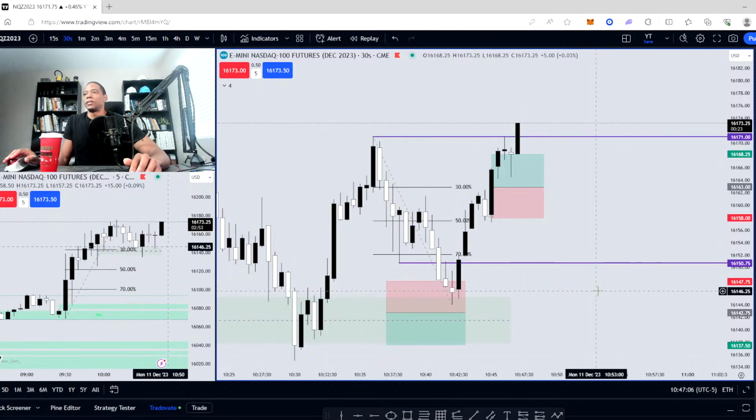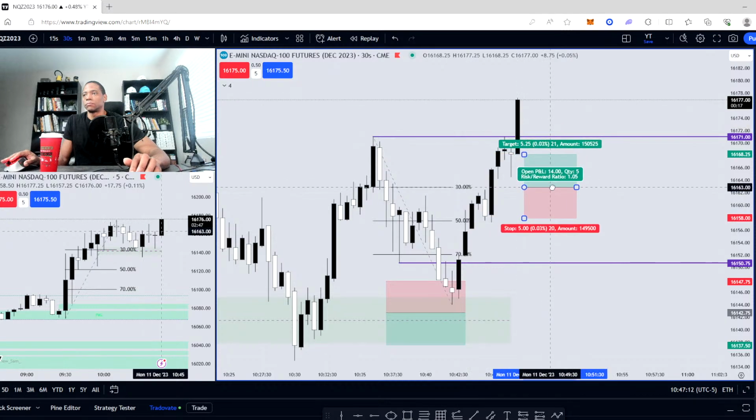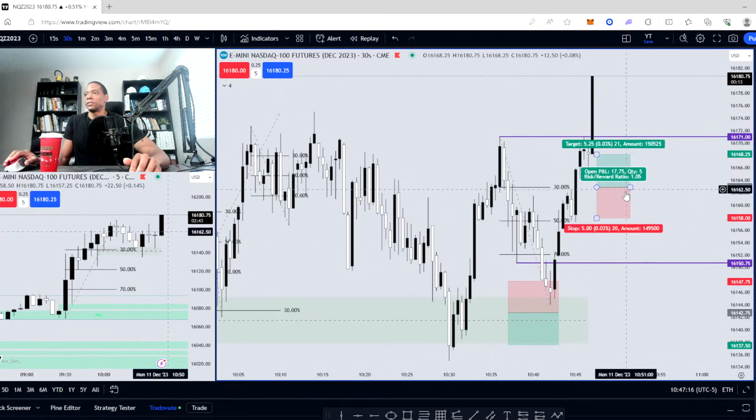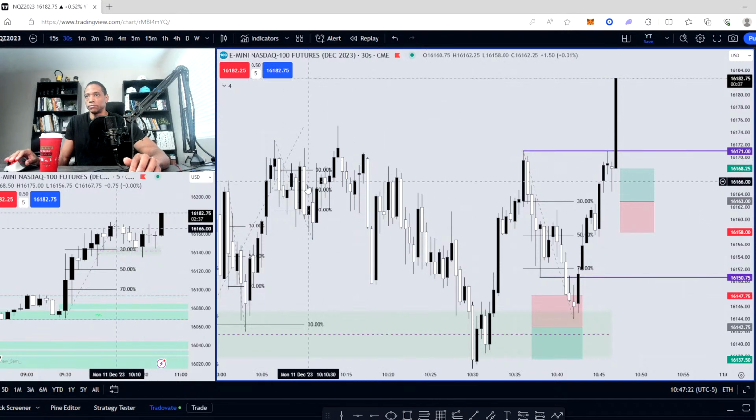Okay, now we have finally broken that high. Now we look for the retracement. Actually, I take that back. We did say we didn't want anything in this area. This was the area where we lost that trade from that markup.